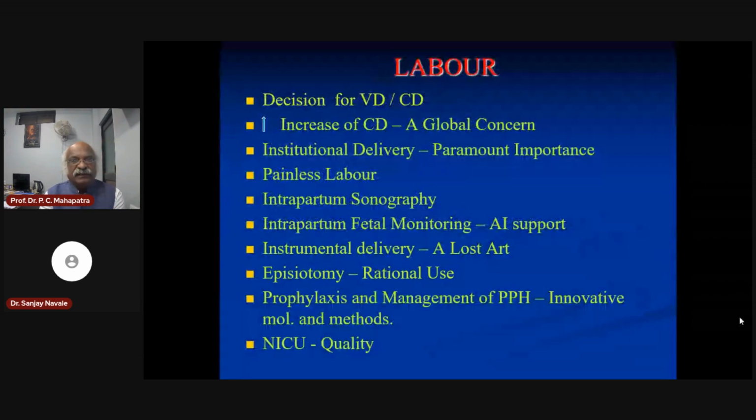There are some technical reasons where there are multiple variables. At times the obstetrician fails to decide whether to go for vaginal delivery or cesarean delivery. We have expanded into the fetal compartment in sonography, and in the different monitoring methods, but still we want a sensor.